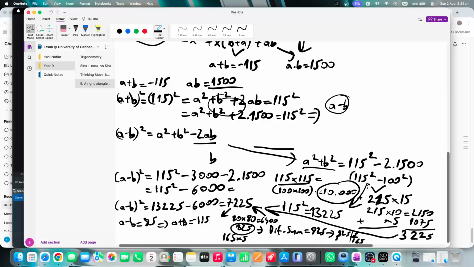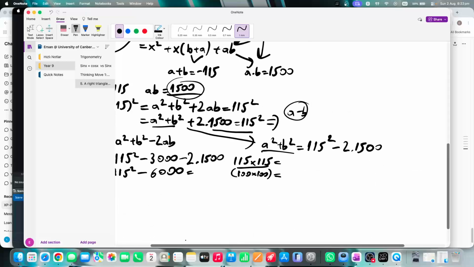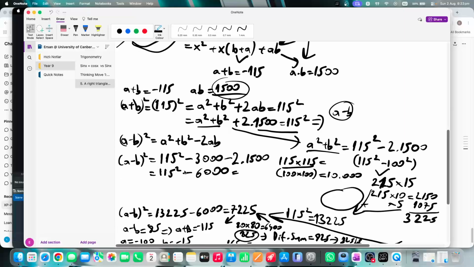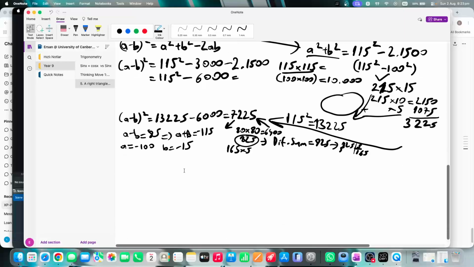Then you can simply find a as minus 100 and b as minus 15, guys. I know it's tricky, but if one day you need to calculate everything without using a calculator, this is how you're going to do it. Just so you know.